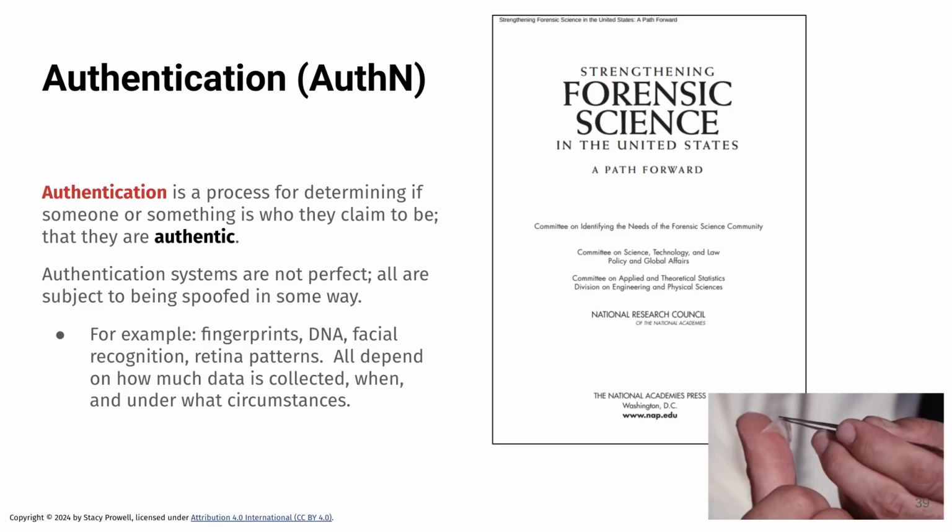Authentication systems aren't perfect. They're all subject to being spoofed in some way. And that goes for all of this. Fingerprints, DNA, facial recognition, retina scanners, all these things can be spoofed in some way. If you'd like to read about some of the shortcomings in forensic science, there's a great report from the National Academy Press.